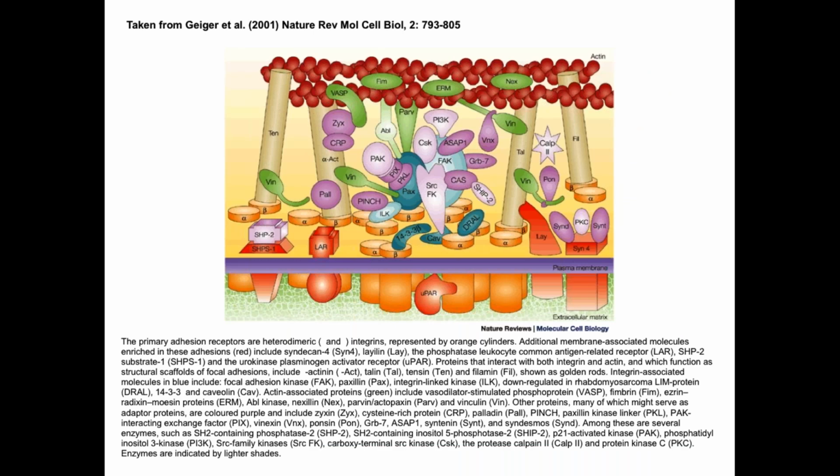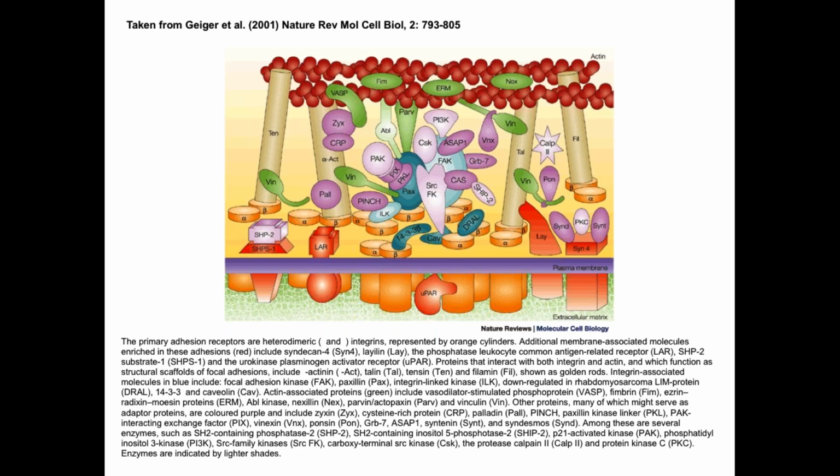This is a very outdated view of the complexity of the focal adhesion. I just want to show this as an example that all of these things are kinases or adapters, right? We've heard about the idea that focal adhesions transduce physical information into chemical information, but I want to talk in a little more detail about how, okay?